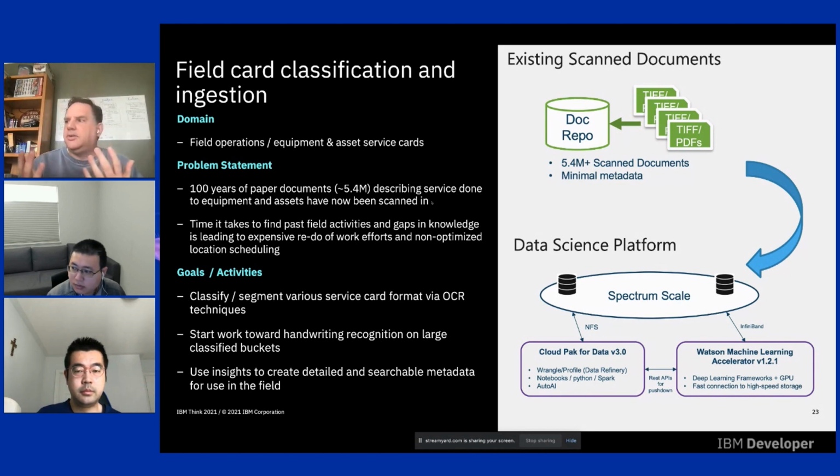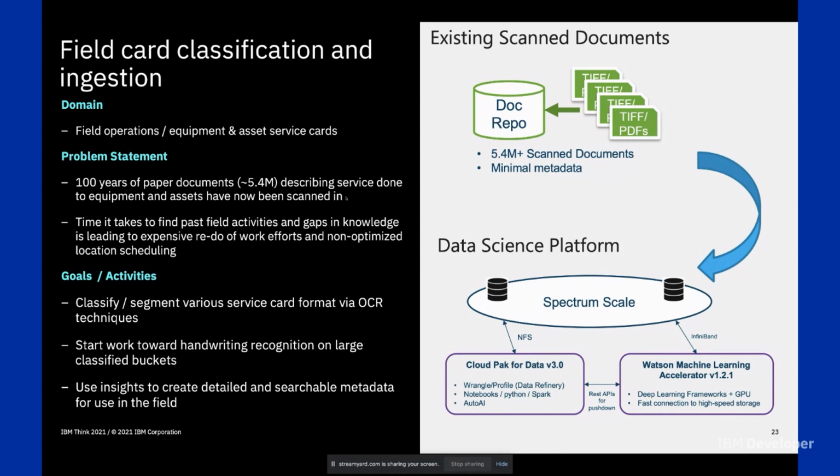And so over the years, right, they had 100+ years worth of physical documents, right, before they moved to being completely digital. Which ended up being around 5.4 million individual paper documents. So they had already gone through the exercise of scanning those in and having them as PDFs and TIFFs.